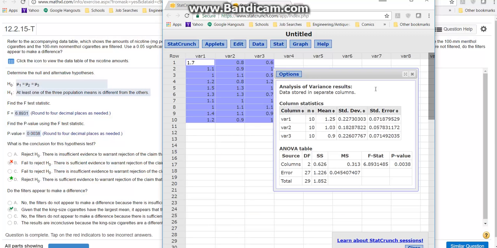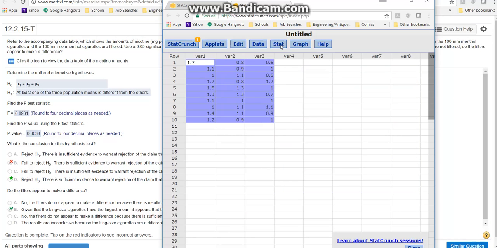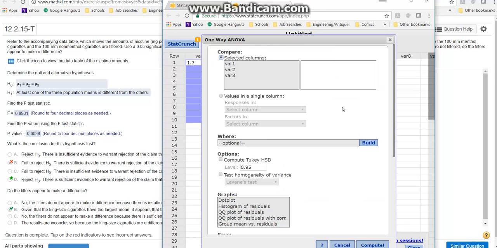So in order to do that, you'd have to do a post hoc analysis, and essentially you'd rerun the ANOVA, and this time maybe do only VAR1, VAR2, then VAR1, VAR3, then VAR2, VAR3.